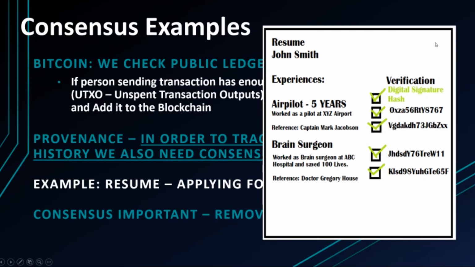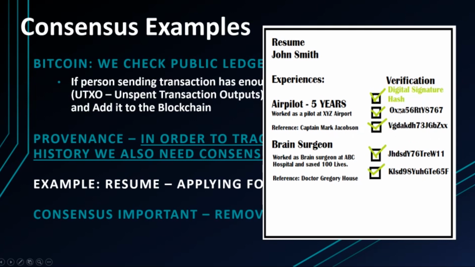Whenever John started at this airport as a pilot, he would have to get a digital signature from the airport verifying that he worked at this airport for 5 years, and he would also have to get a digital signature from Captain Mark Jacobson that he worked as a pilot at this airport for 5 years, and that would have to be digitally verified too.